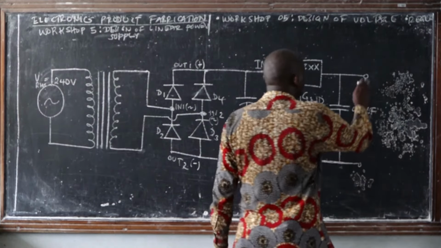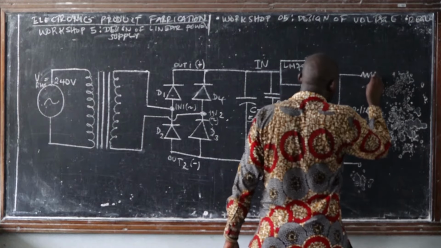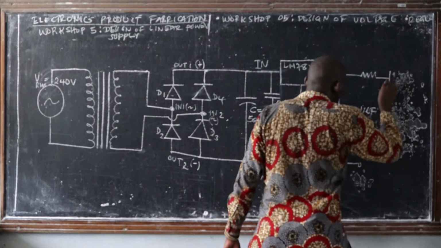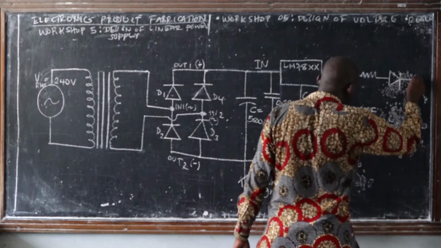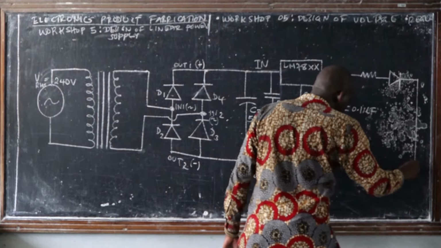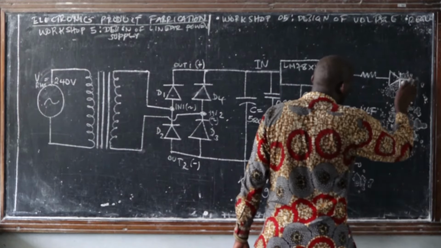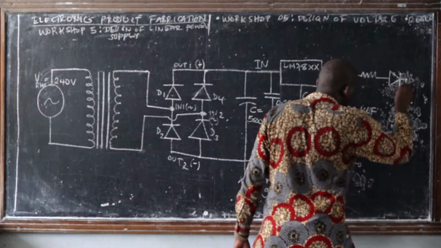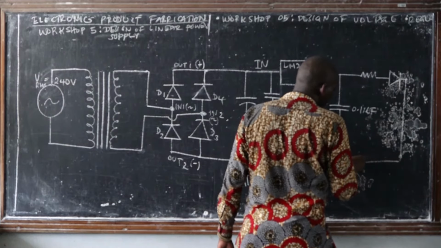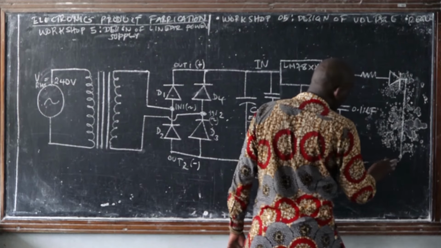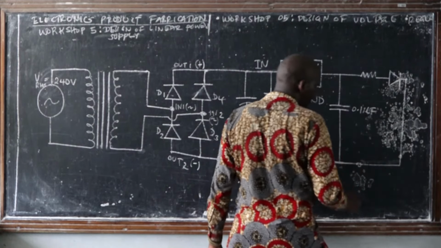For that case, we need to connect a current limiting resistor to limit the current flowing through the light emitting diode. The function of the light emitting diode is to give you a visible indicator of power, whether your linear power supply works or it doesn't work.